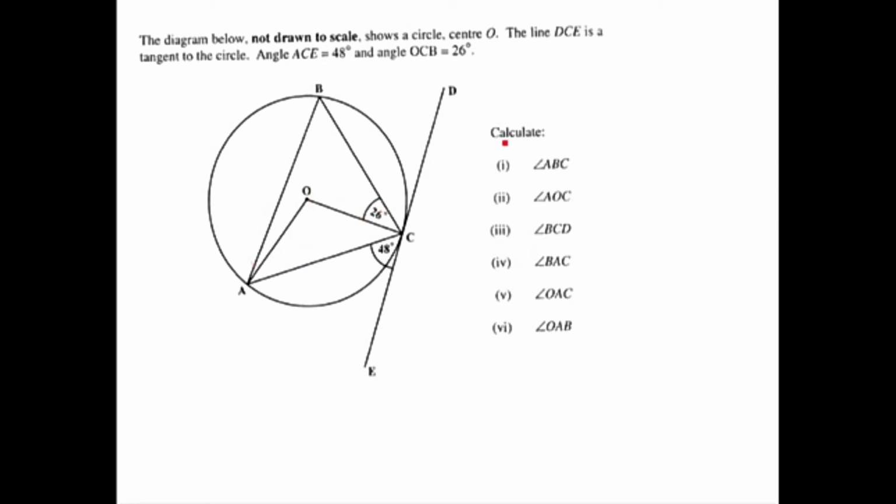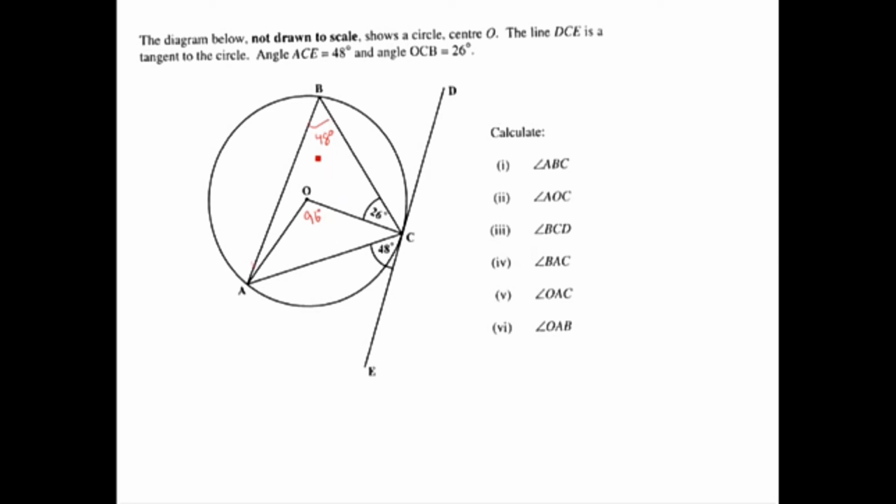We said this angle over here is 48 degrees. This one here is going to be 96 degrees. 48 degrees because this angle between the tangent and the chord is 48, and so the angle in the alternate segment, the angle in the minor segment here is 48, and so this angle over here is in the major segment, so it's 48 degrees.